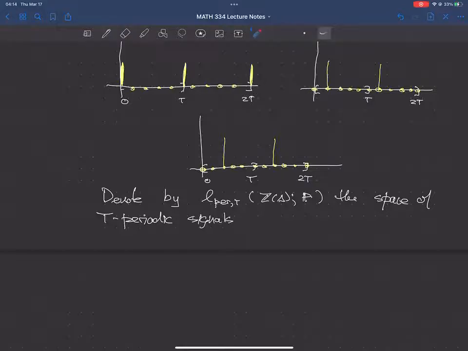The point is we don't need a p there, because all of these spaces are the same, and because they are finite dimensional, it doesn't matter which norm we use. We can use whatever norm we want.